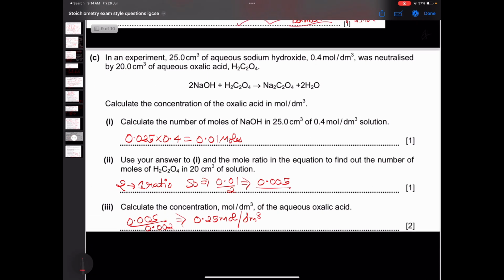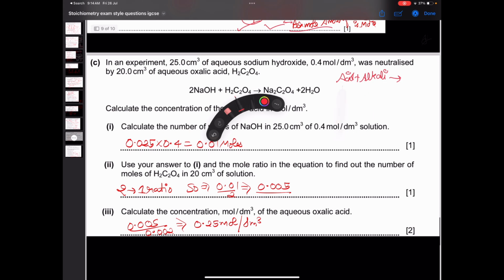Now, this is a titration problem. The same pattern which I told all of you. What they do is they always give you acid, alkali, volume of both will be mentioned, concentration of either one of them will be mentioned, and in the last part they will be asking you to tell the concentration of the other species.